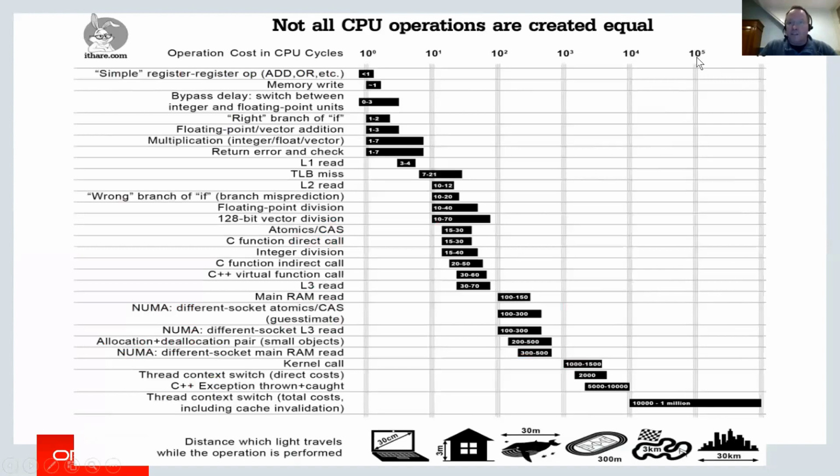So a thread context switch is the most expensive operation that a core can make. This is almost 10,000, 100,000, maybe even 1 million clock ticks to get a thread context switch, including all the cache invalidation and reloads to get that done. So you want to not hit thread context switches frequently because they cost an enormous amount of clock ticks on your CPU.